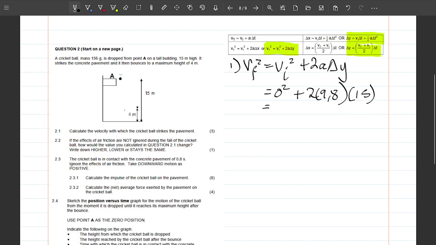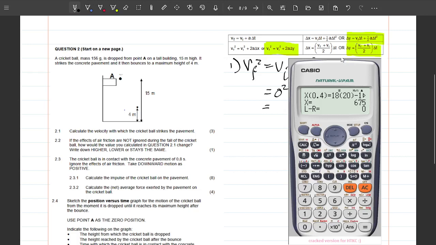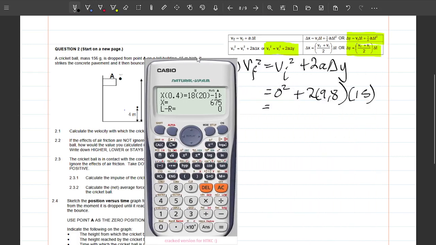Then we let the calculator do the work. So for this, I'm just going to grab the calculator. All right, so I'll say that's just 0 squared, which is 0, plus 2 multiplied by 9.8, not 98, that's 9.8, multiplied by 15 as well.